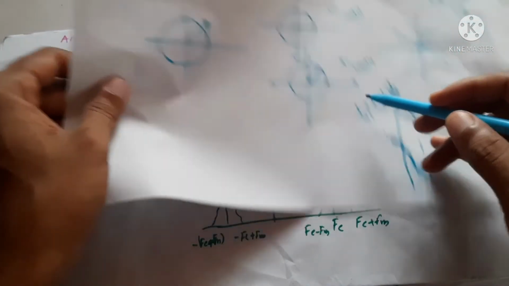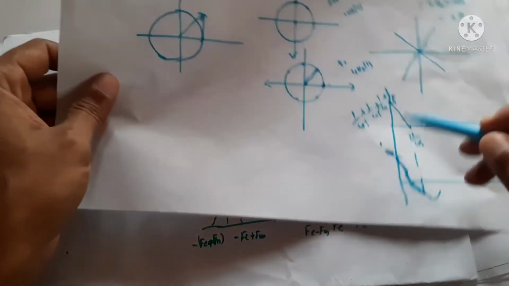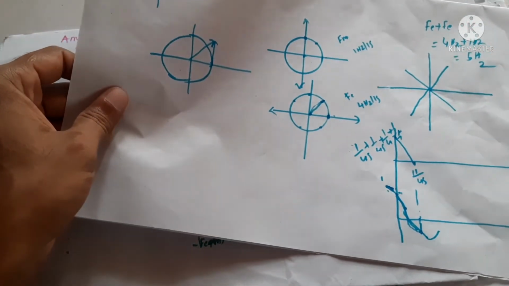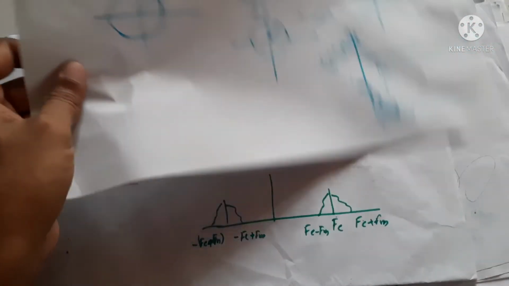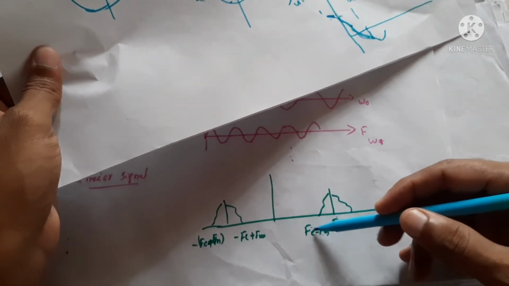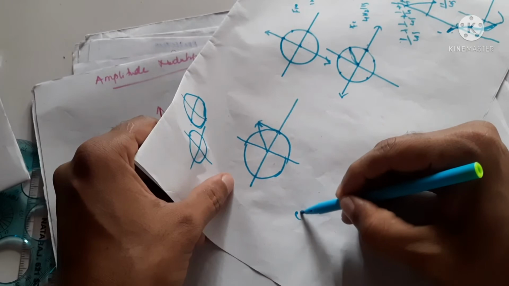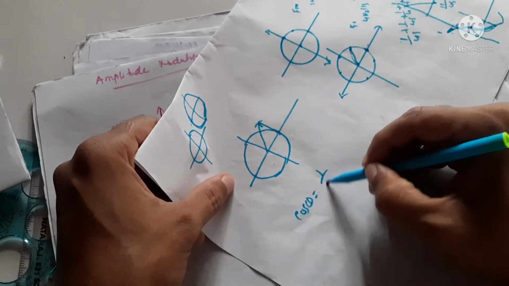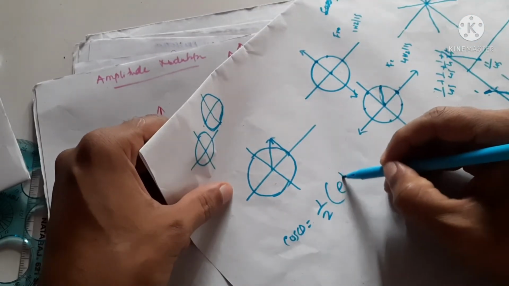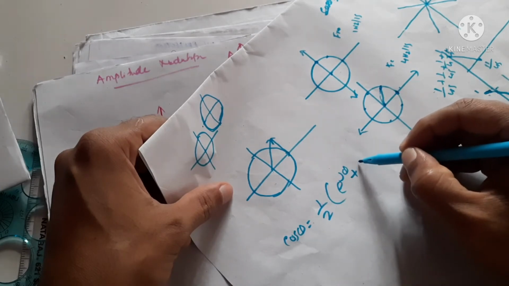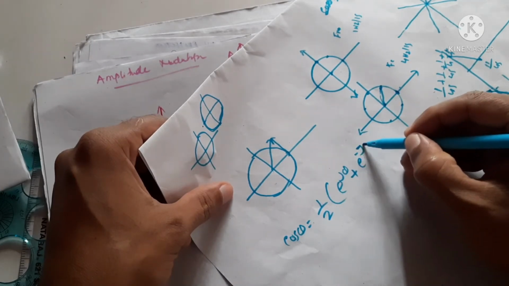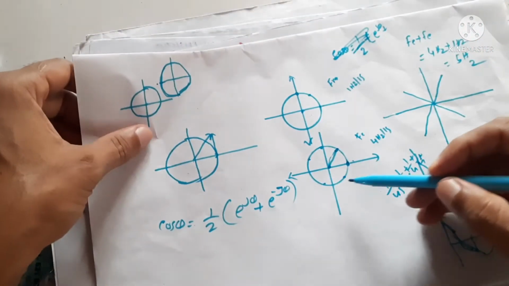So now the new frequency is Fc plus Fm. That means 4 Hz plus 1 Hz is this. Now what is this frequency? Fc minus Fm. As we know the equation, cos theta is equal to half into e raised to j theta plus e raised to minus j theta. What does this mean?